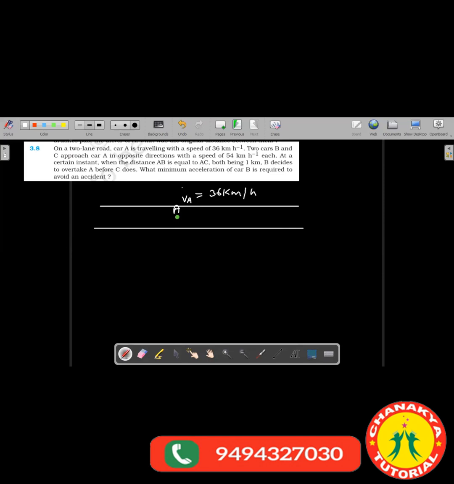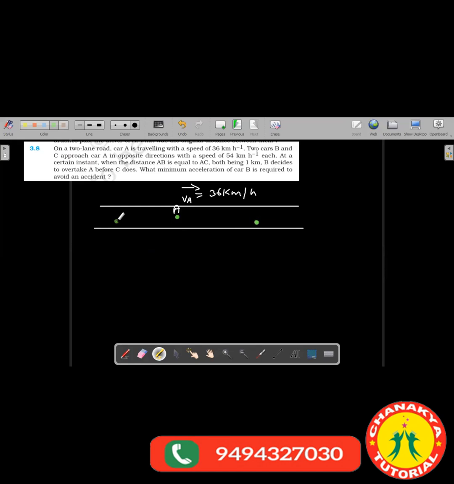Let's say it is going towards the right direction. Two cars B and C approach car A in opposite directions. So you have here car B, and here you have car C.